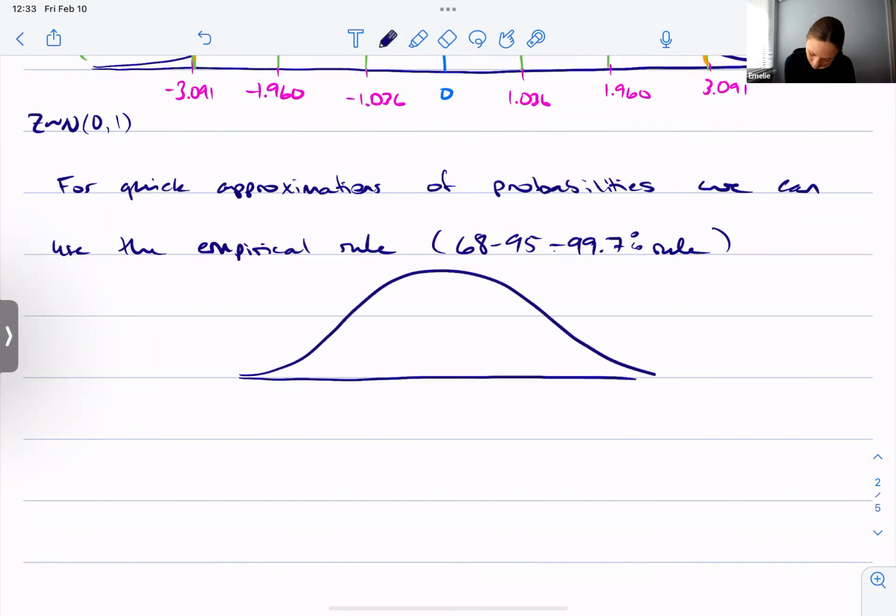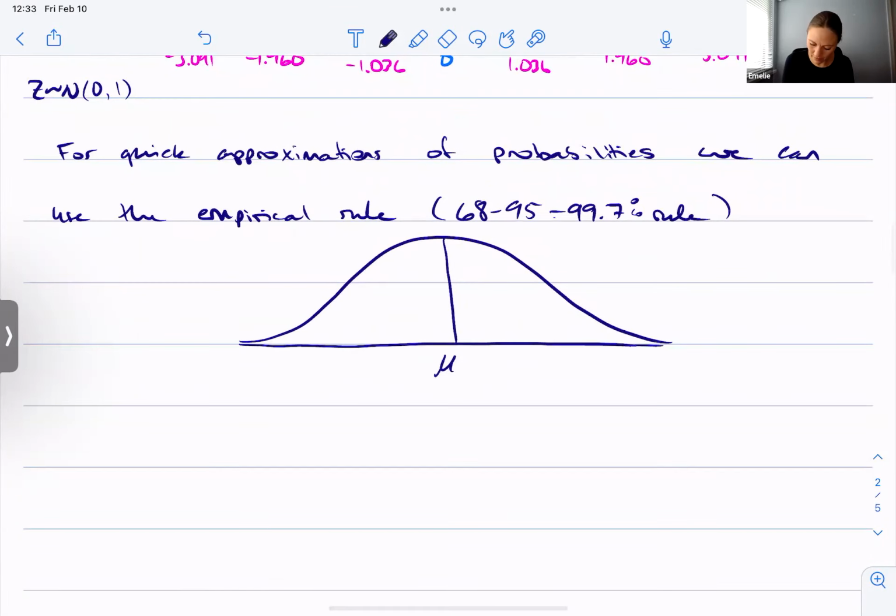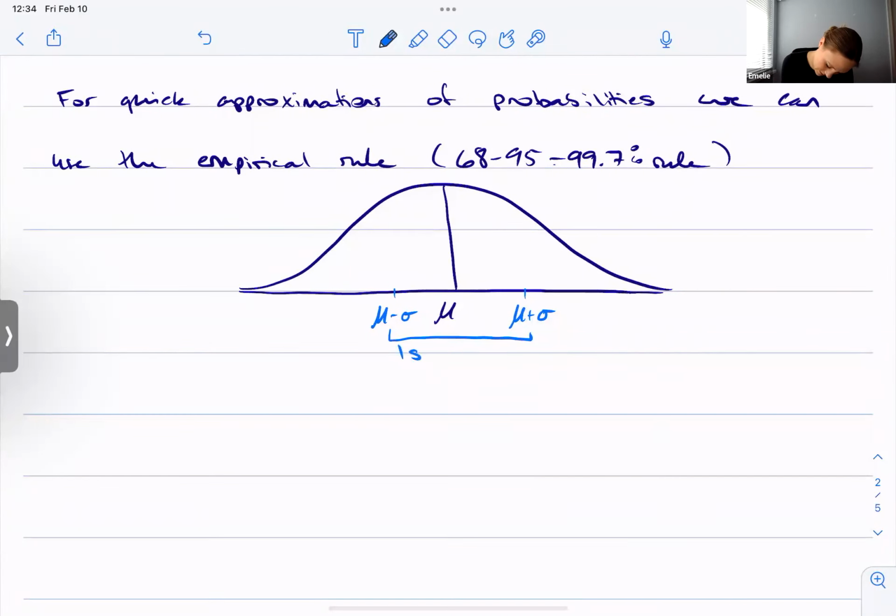if I have mu minus sigma and mu plus sigma, so 1 standard deviation on either side of the mean, 1 standard deviation from mu, right?